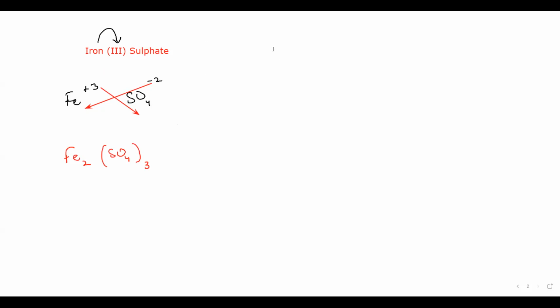And what about the formula of iron 3 oxide? When we write the formula of iron 3 oxide, it means iron is there with a charge of plus 3, and oxide means oxygen is there, as it belongs to group 6, so it will be -2. Then we cross multiply the valencies.